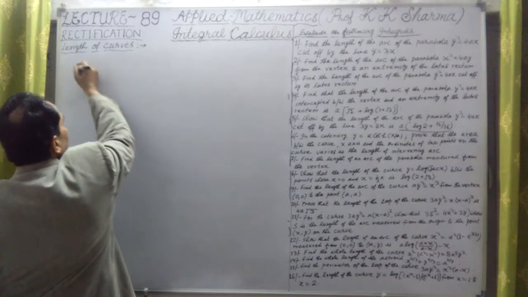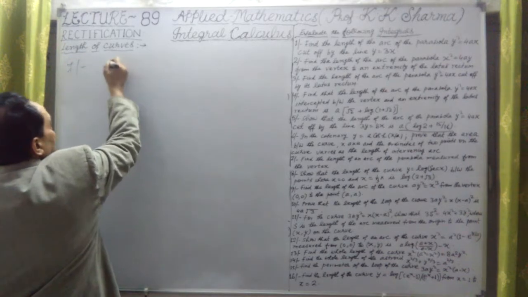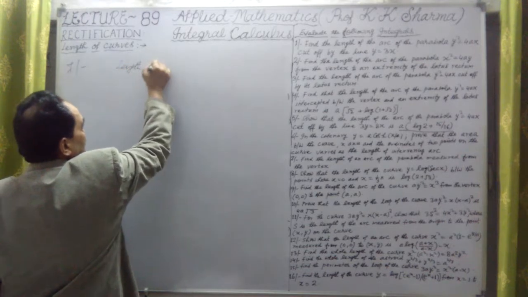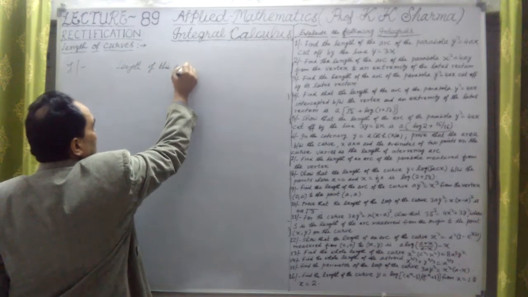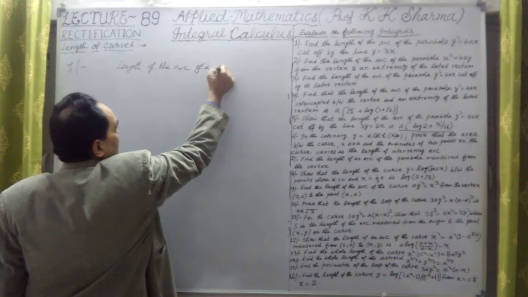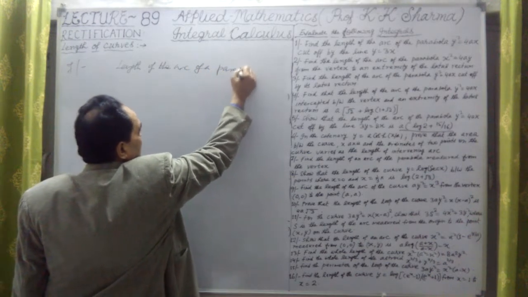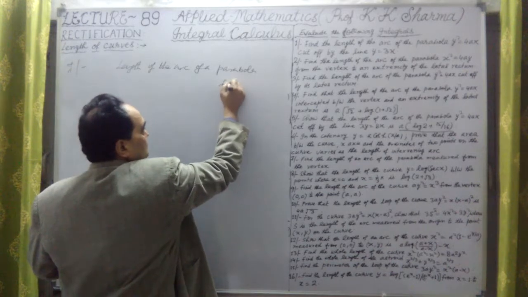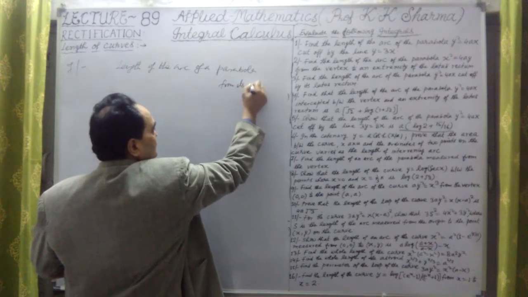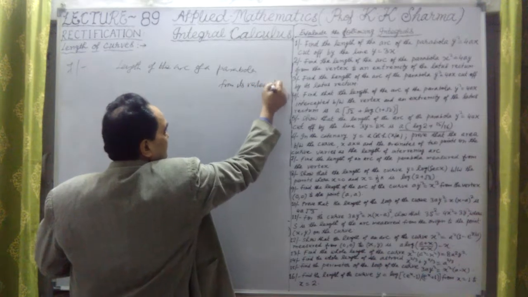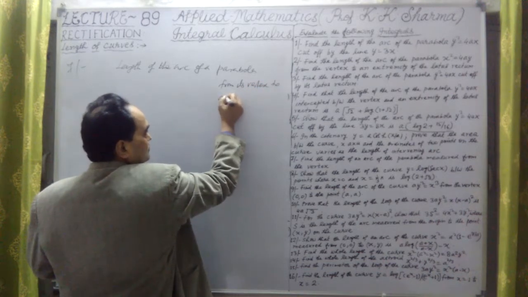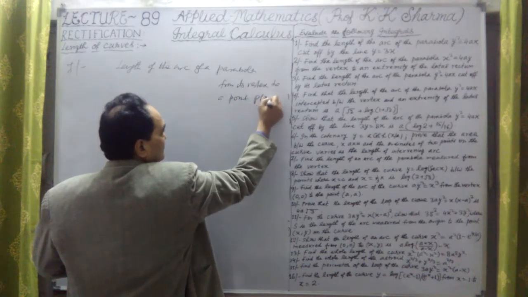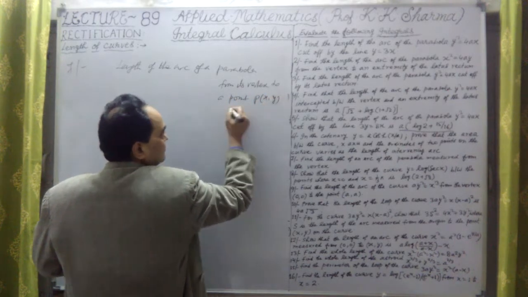Okay, so question number 7 here. The length of the arc of a parabola from its vertex to a point, let me take P(x, y) on it.